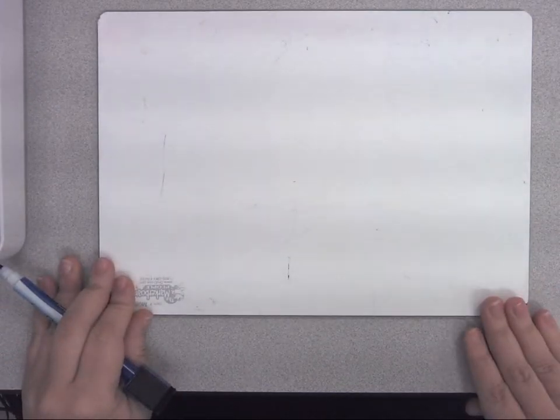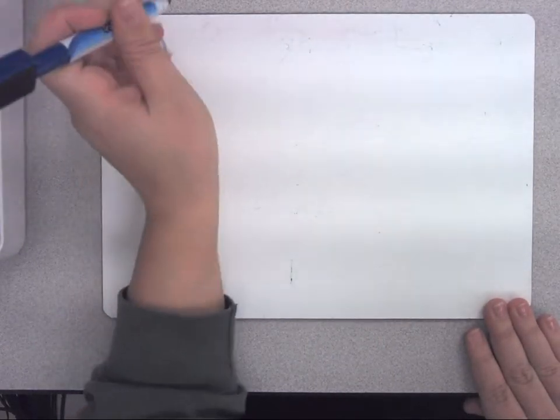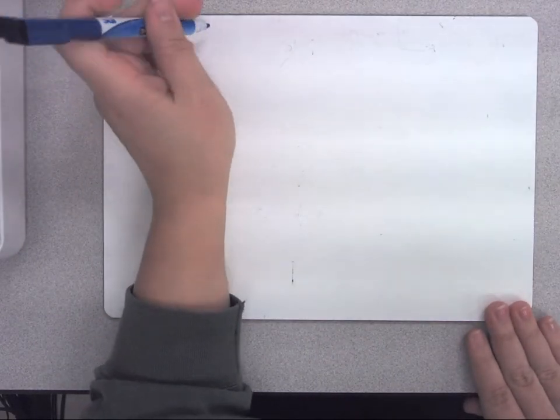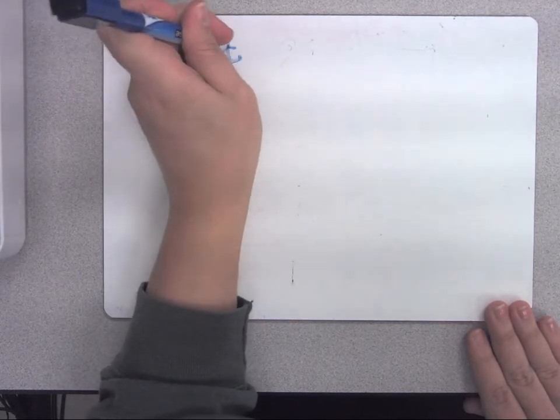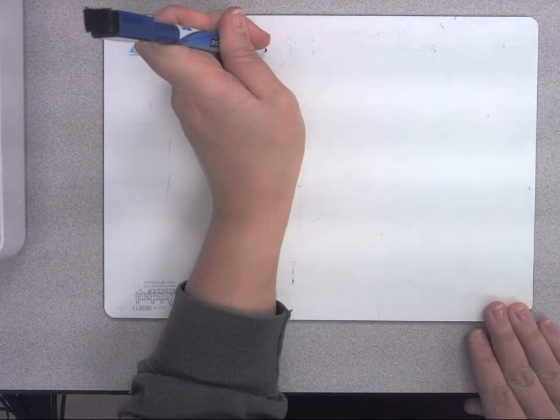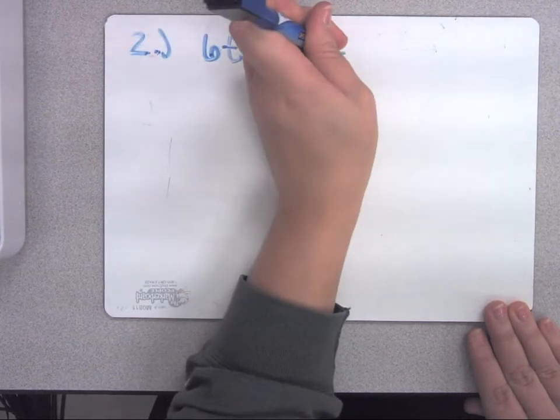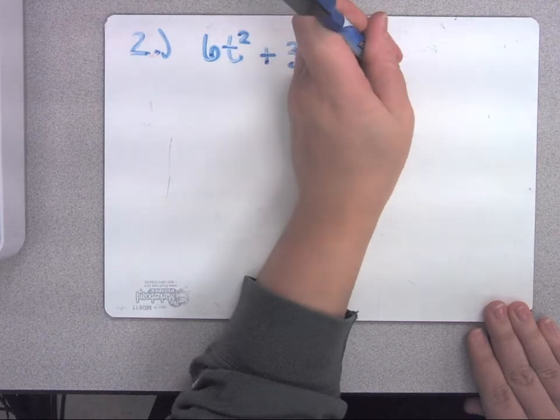How about this guy, number 2? Markers are always dying. How about 6t squared plus 3t minus 1t?